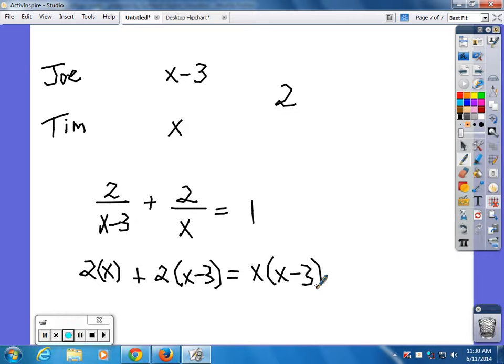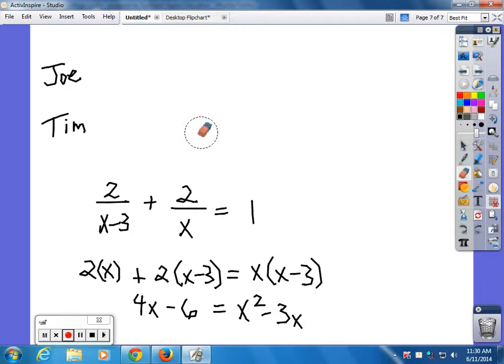So what's 2x? 2x plus 2x is 4x, and 2 times negative 3 is negative 6. I kind of skipped a step there. Is equal to x squared minus what? So, x squared, 0, is equal to x squared.